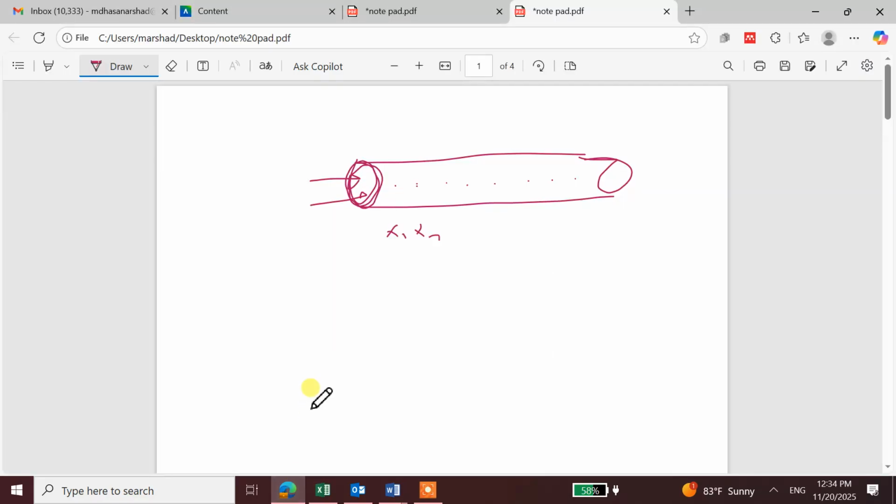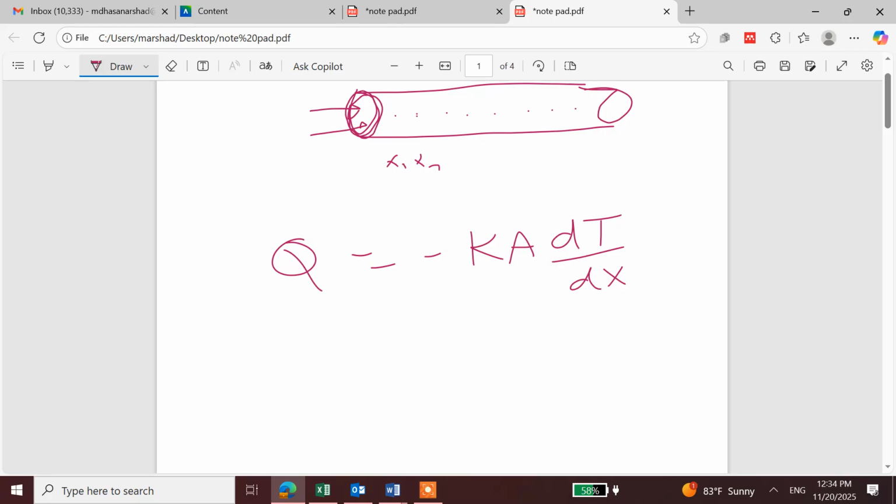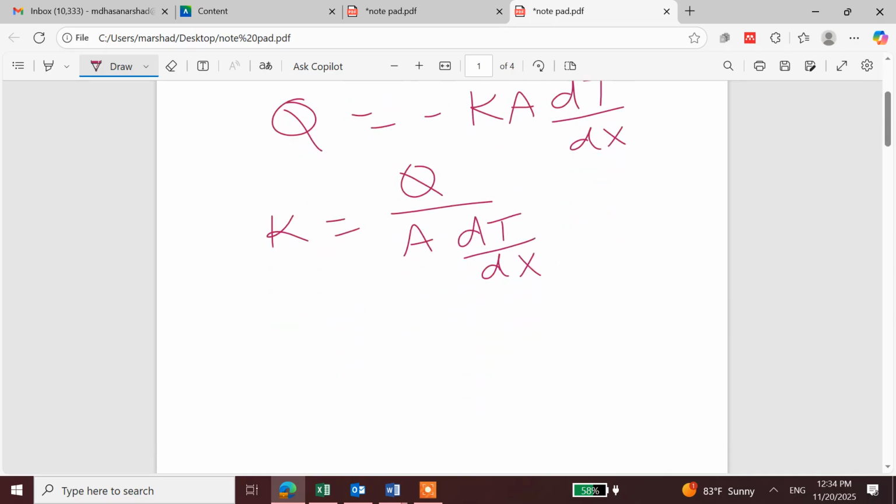Applying the Fourier law, q is minus kA dT/dx, right? So k will be q over A dT/dx. Area of the cylinder is 25 mm. So you can find the area.